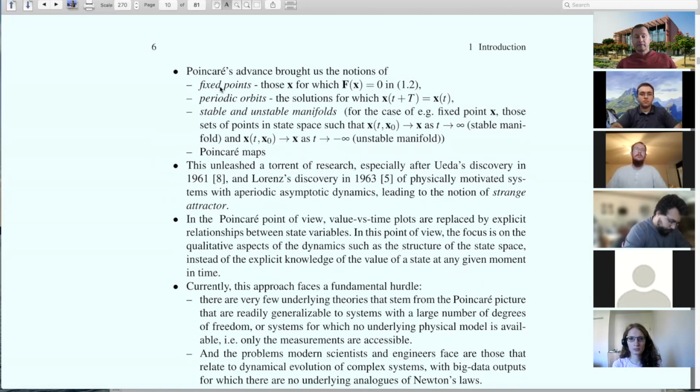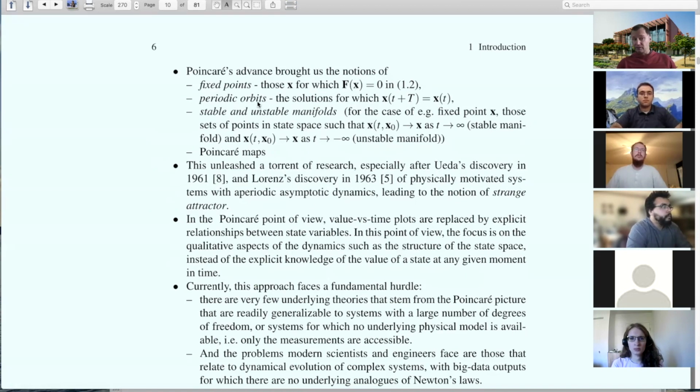They are the points in state space for which the state of the system doesn't change. And of course, you can do stability analysis around them, understand whether it's a stable fixed point. If it is, for example, it attracts nearby solutions, and you know that asymptotically solutions are going to go towards the fixed point. So you learn something about the dynamics from simple algebraic discovery of fixed points, and then the later linearization-based study of their stability.